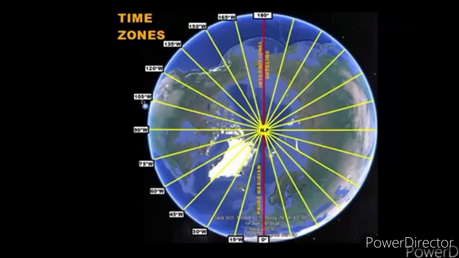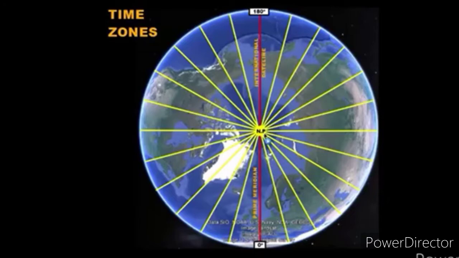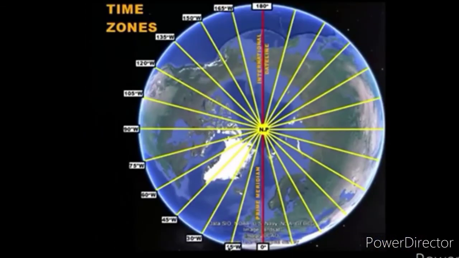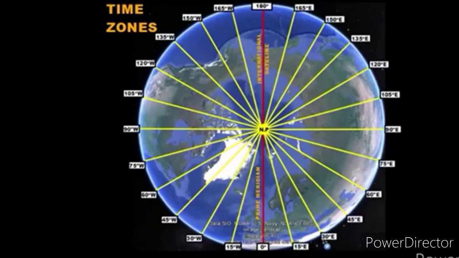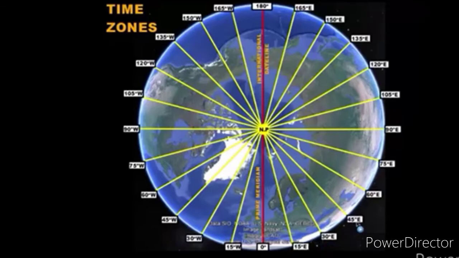These 24 time zones extend towards the Western and Eastern Hemispheres. 12 zones are in the Western Hemisphere, such as 15° West, 30° West, 45° West till 180° West. Similarly, 12 zones are in the Eastern Hemisphere at a distance of 15°, such as 15° East, 30° East, 45° East up to 180° eastward, till the international dateline.